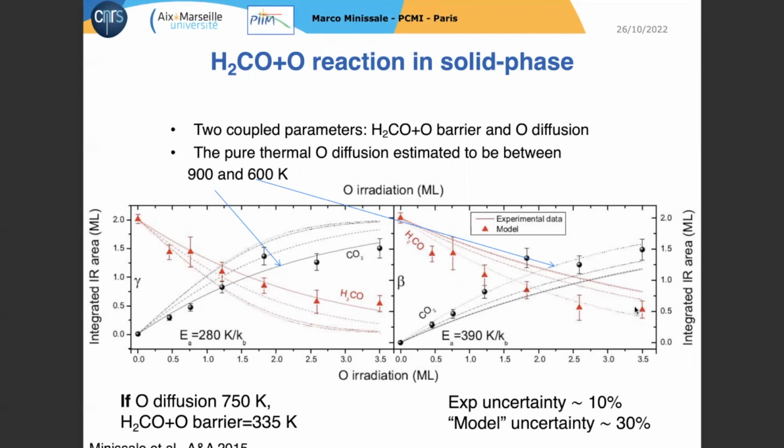So if we don't have any clue about the oxygen diffusion, the model uncertainty can account for 30% of our estimate of the barrier, while the experimental uncertainty, given by the estimation of the flux and the coverage, accounts for just 10%.